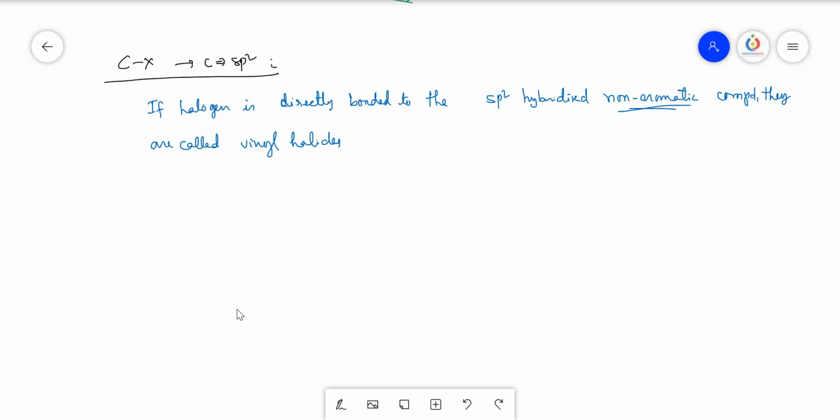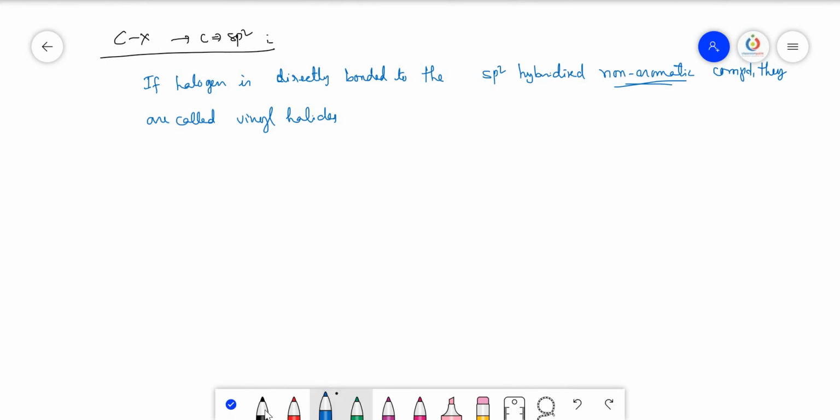So now let us take some examples here. In that, you just take CH2 double bond CHBr. This is the vinyl bromide, where the halogen atom is directly bonded to this particular double bonded carbon atom. So these are called the vinyl halides. And these vinyl halides you can write like this also, even cyclic molecules also.